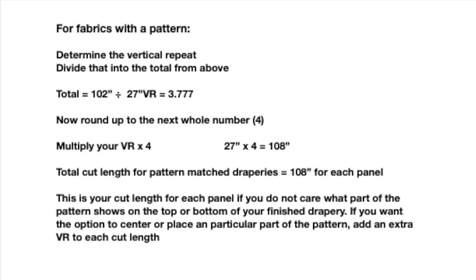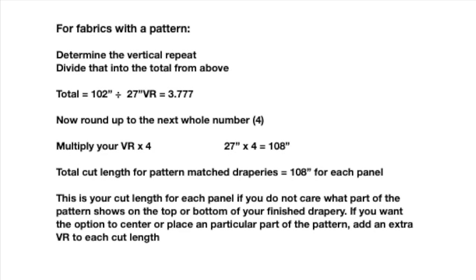So mine is 27 inches, my vertical repeat, and when I divide that into 102, I get 3.777. That means I get 3 full vertical repeats, and we want to round up to the next whole number. 3.77 rounds up to 4.